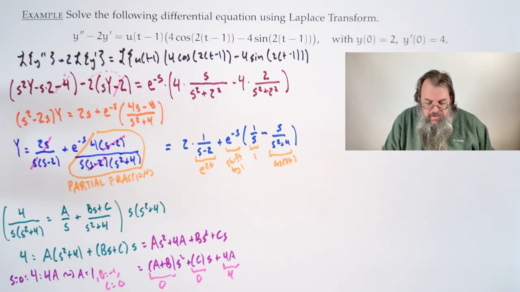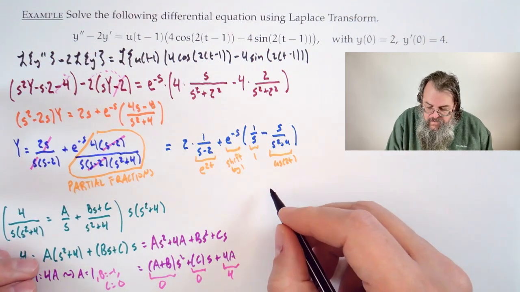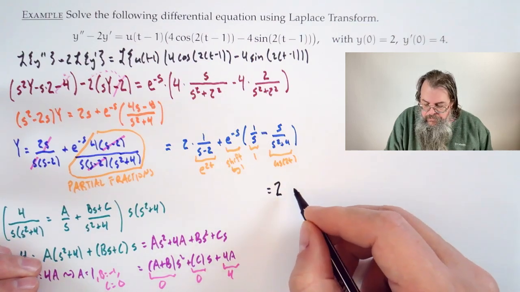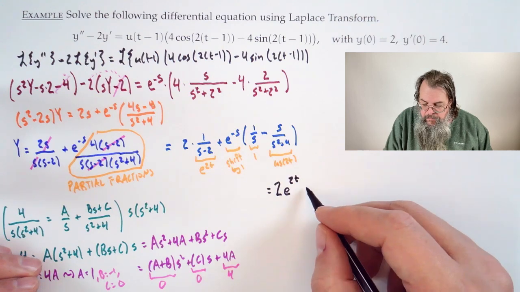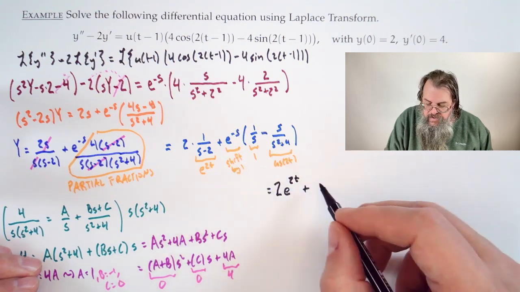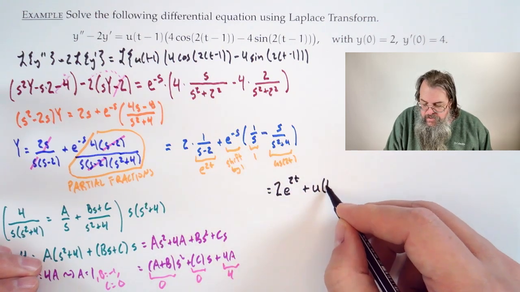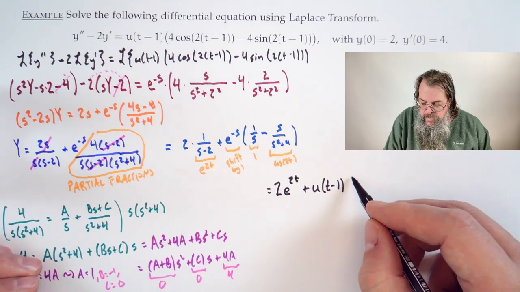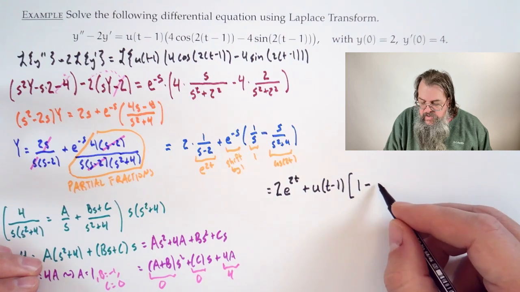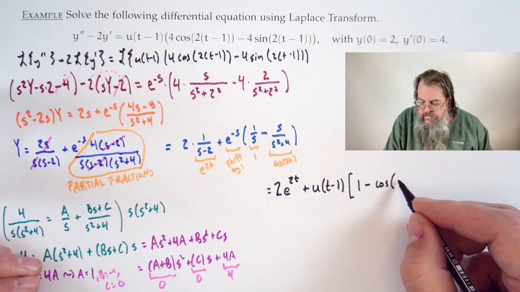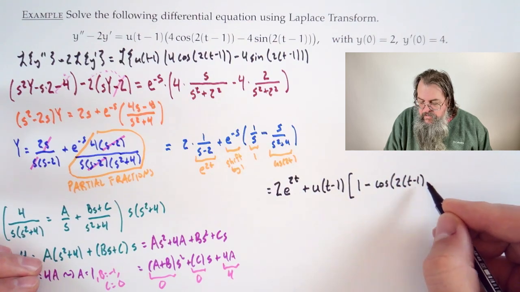And so our answer is 2 e to the 2t plus, we shifted by 1, so we have an on-off switch at 1, u of t minus 1, times 1 minus cosine of 2 times t minus 1.